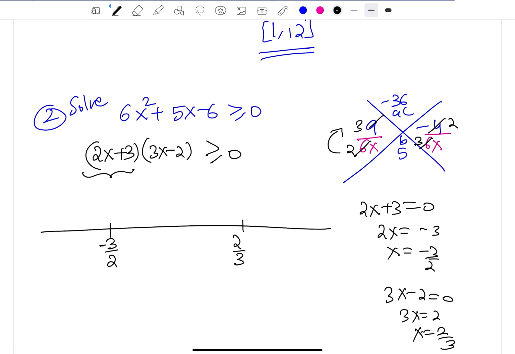Okay, so now we're going to pick the test values, test points in between these zones, and find out the sign of the left-hand side expression at that particular x value.